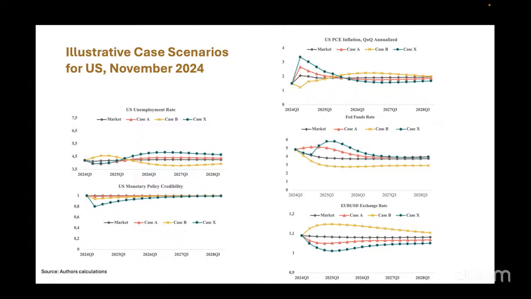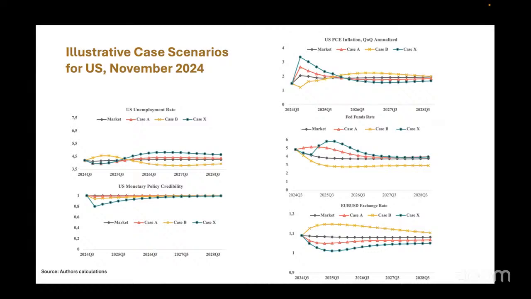This case A is motivated by the idea that there is still a big relevant demand shock going on in the economy, because of the massive asset price increases and household wealth accumulation during the pandemic.